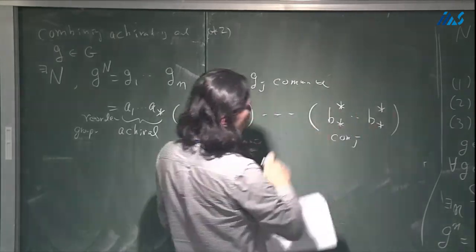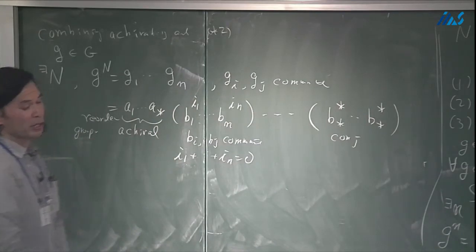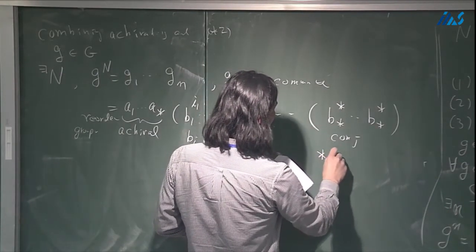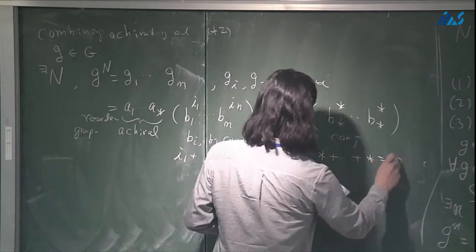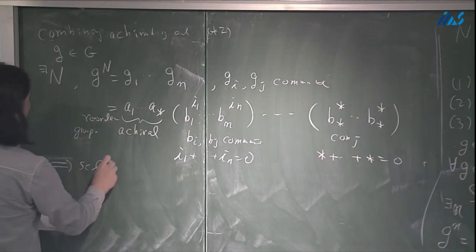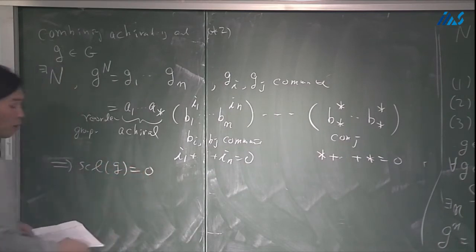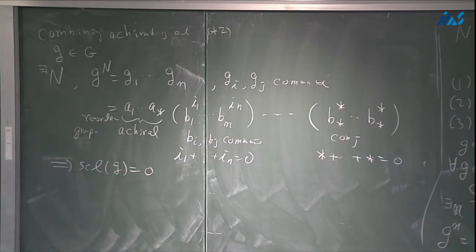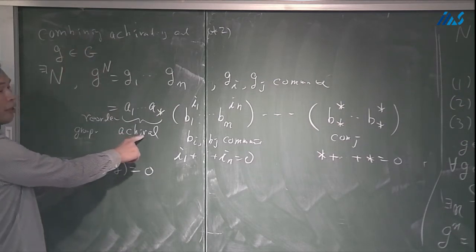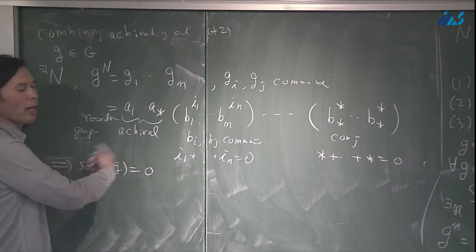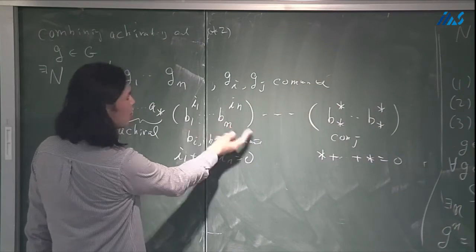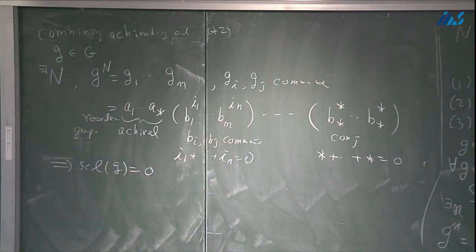So in this group, those Bi, Bj are conjugate to each other, then the sum of the exponent is 0. Then stable commutator length of G vanishes. You just do the same thing. You take the power, and this achiral element just sort of dies in itself. And then the other ones, they kill each other by this kind of argument.